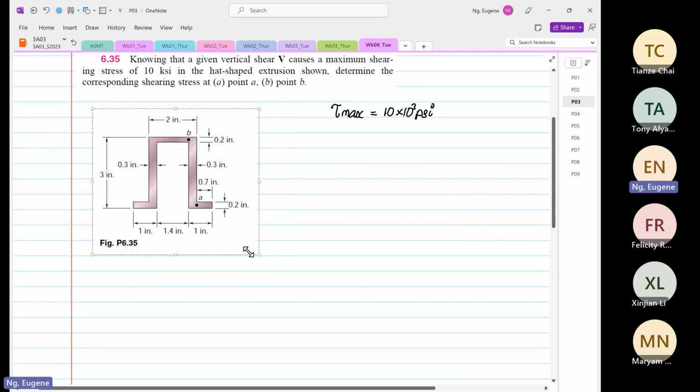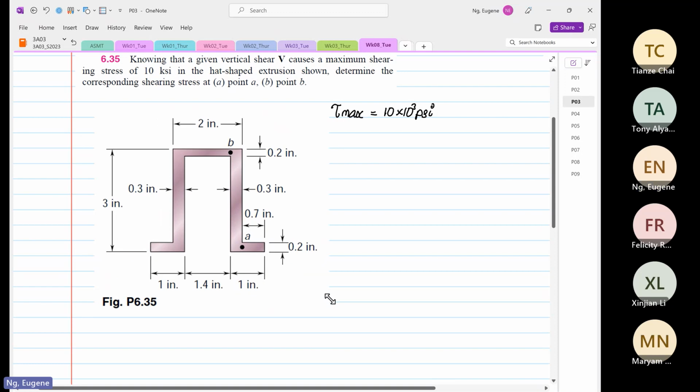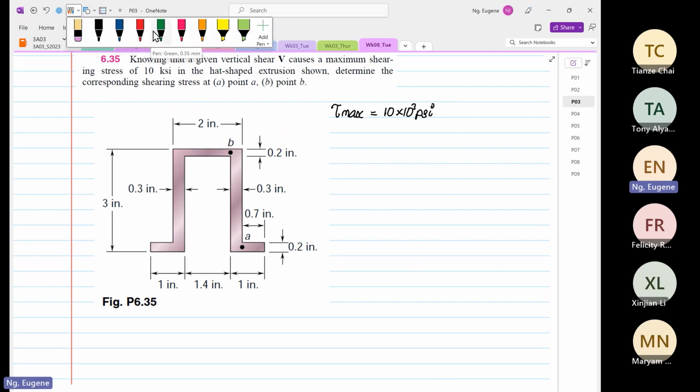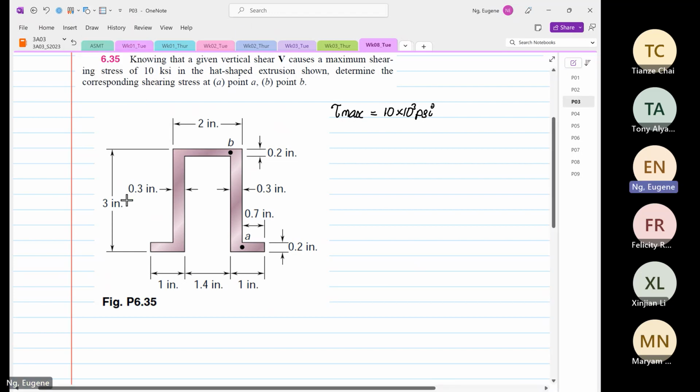Okay, so this question is a tricky part. Let me define why it is tricky. Based on observation, we know that this is a centroid. It's at the center, so I'm going to draw a center.